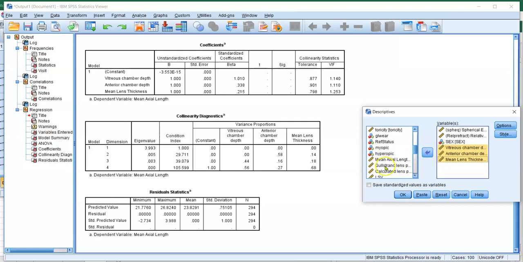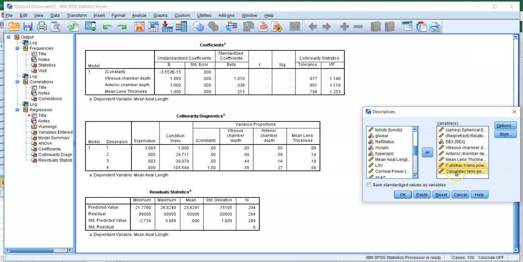Now we're not going to add mean axial length because we just showed that's exactly the same. These would just confuse it because these are all completely sharing the same thing. So we're just going to see if any one of those has a separate kind of effect rather than the overall. I'm going to put in Gullstrand lens power and calculate it.